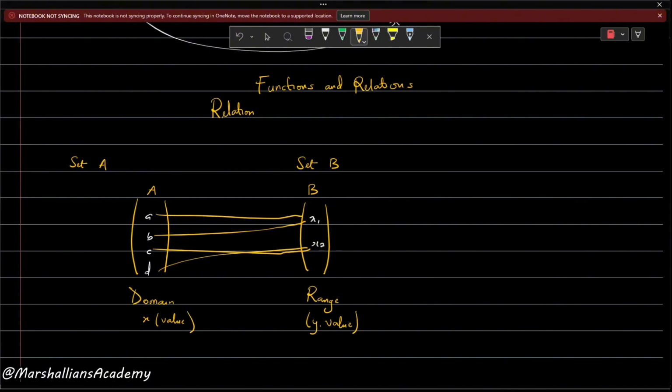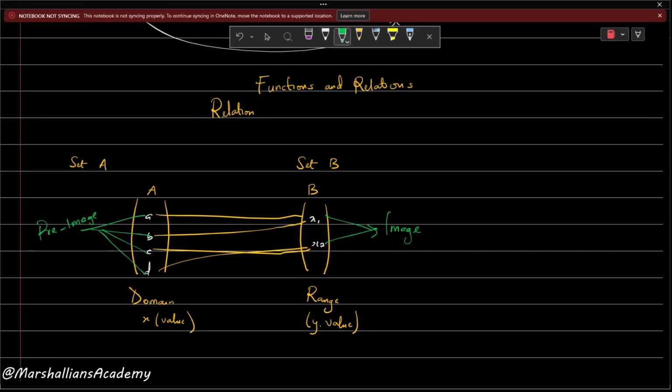Something else we need to pay attention to is the element of your domain is called your pre-image, and the element of your codomain or your range is called your image. We can call this basically the codomain, the y value.